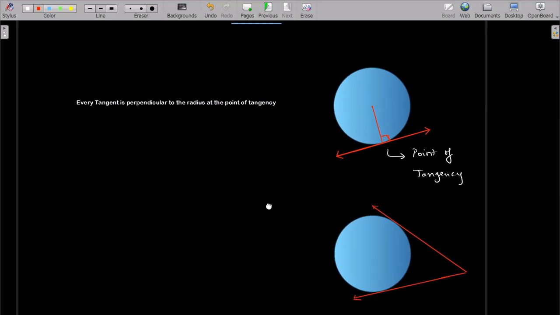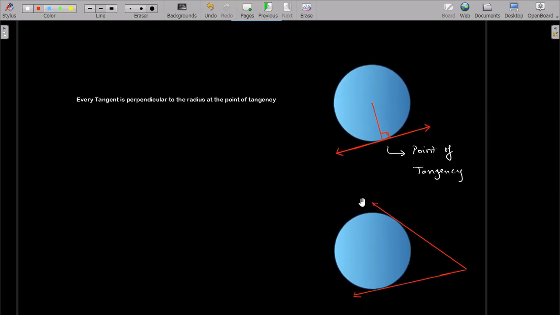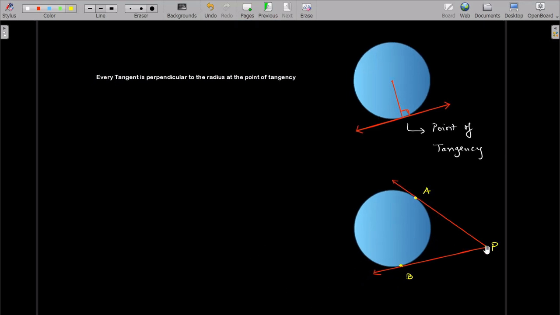And the second theorem is that if you draw two tangents from the same external point, let's say this is an external point called P, and I have drawn two tangents from this point to the circle, touching the circle at this point A and this point B. Whenever you draw two tangents from the same external point, these two tangents will be congruent.